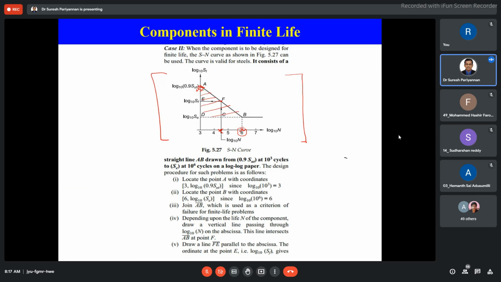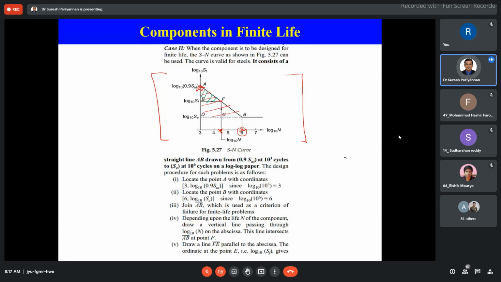Based on these similar triangles, we find the corresponding stress. If we know the stress amplitude, we can find the number of stress cycles. If we know the number of stress cycles, we can find the stress amplitude of the component.